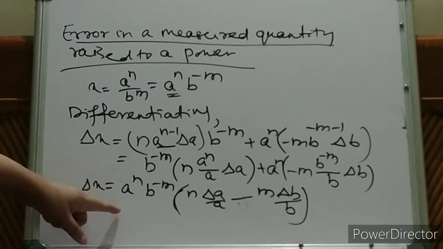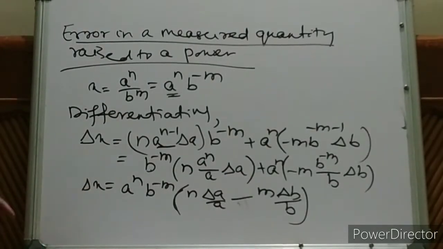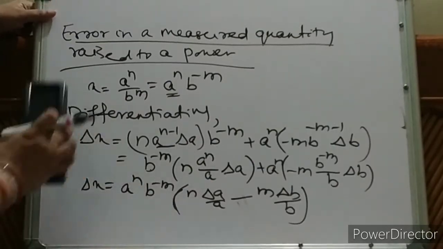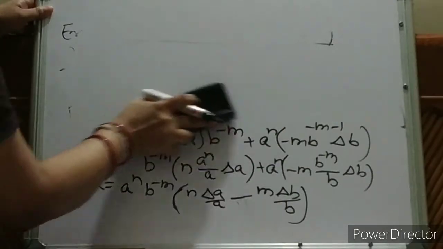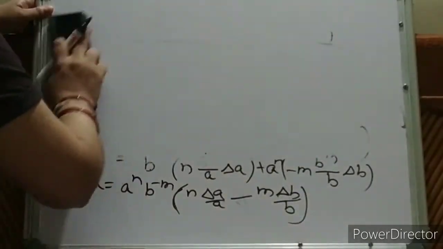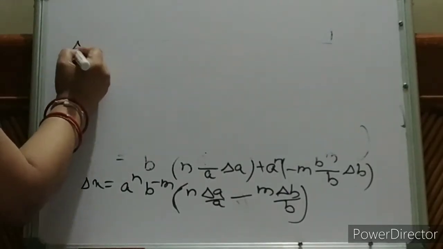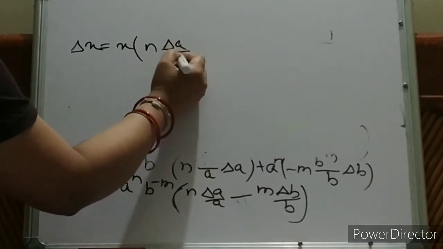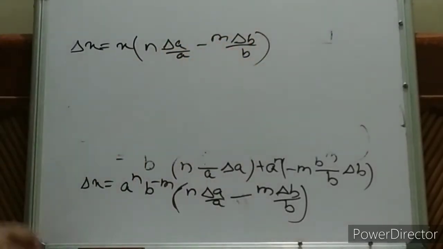Okay. Is it visible? The last line? Okay. So from this what to do? Now this is your x only. So let me write. So delta x is equal to x times n delta a by a minus m delta b by b.